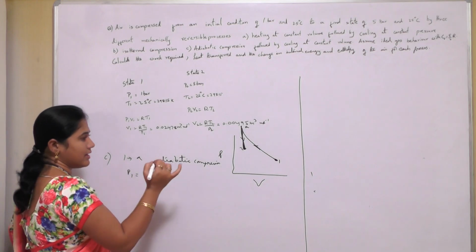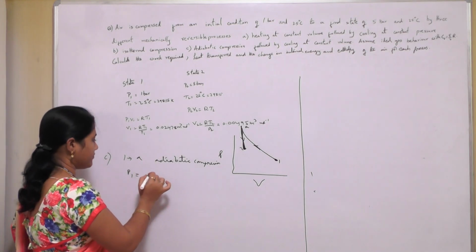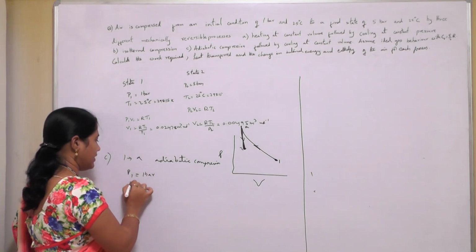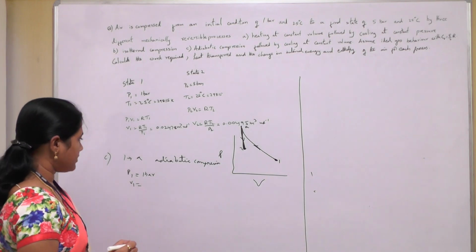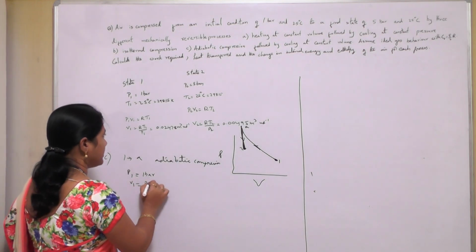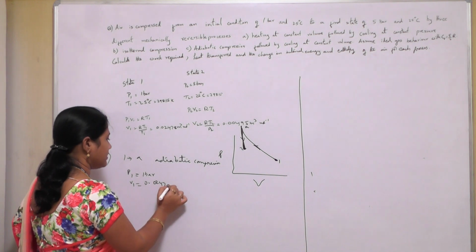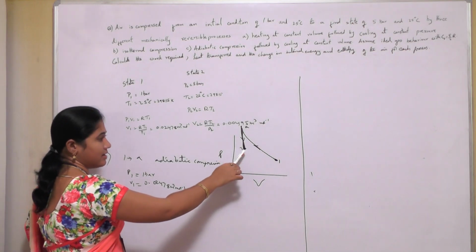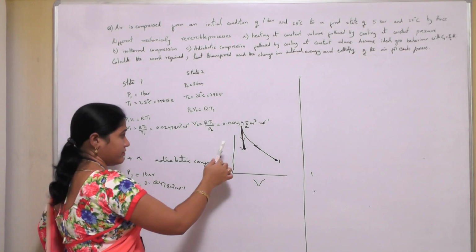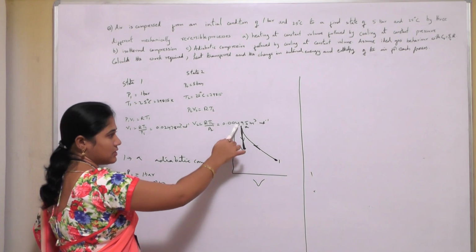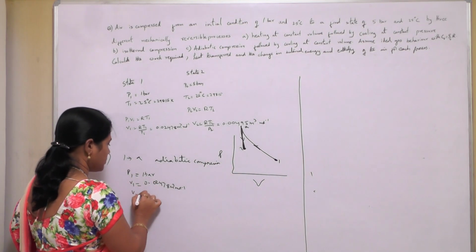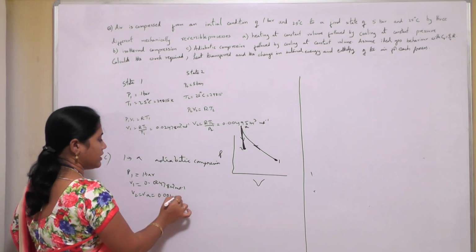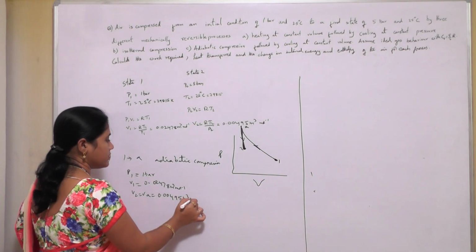The P1 value is about 1 bar, and V1 is 0.02478. For the second path we know the V2 value, but V2 equals VA. Why? Because it is a constant volume process. So V2 equals VA equals 0.00495 cubic meters per mole.